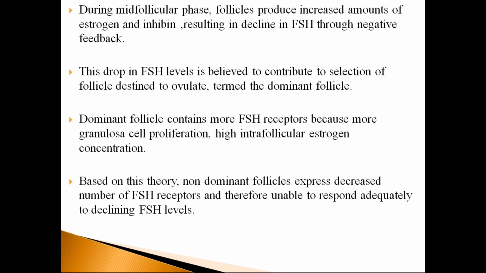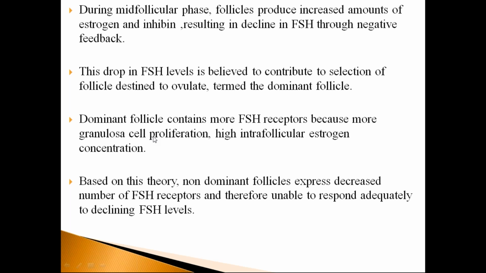This FSH stimulates the development of the follicles. The granulosa cells during the development produce estrogen and inhibin, which again have a negative feedback and decrease the FSH concentration. This drop of FSH level is believed to contribute to the selection of the follicle which is destined to ovulate.